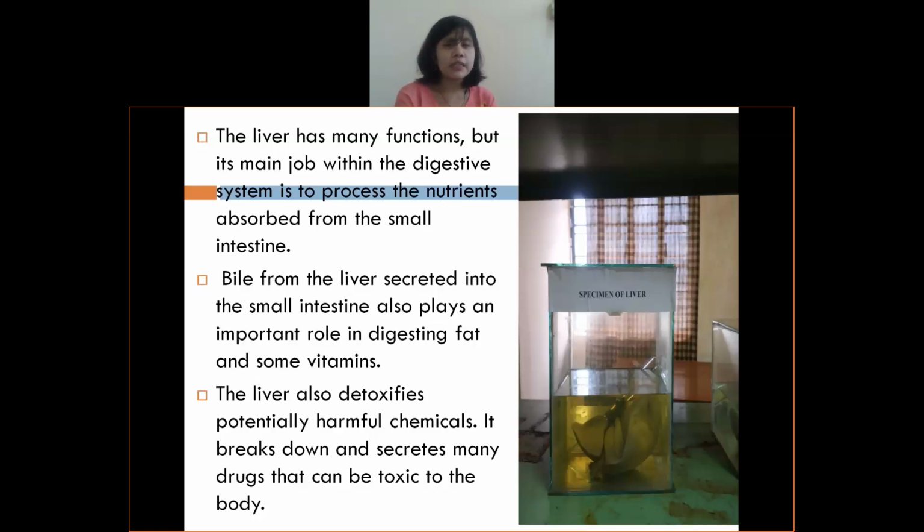And the third function of the liver is that it will detoxify all the harmful chemicals. Detoxify means they will clean all the toxic particles which are not good for your body. Okay, did you understand, everyone? The function of liver?